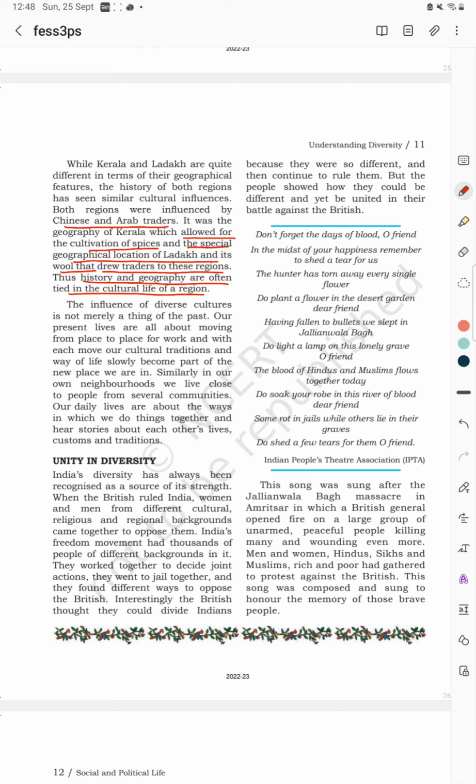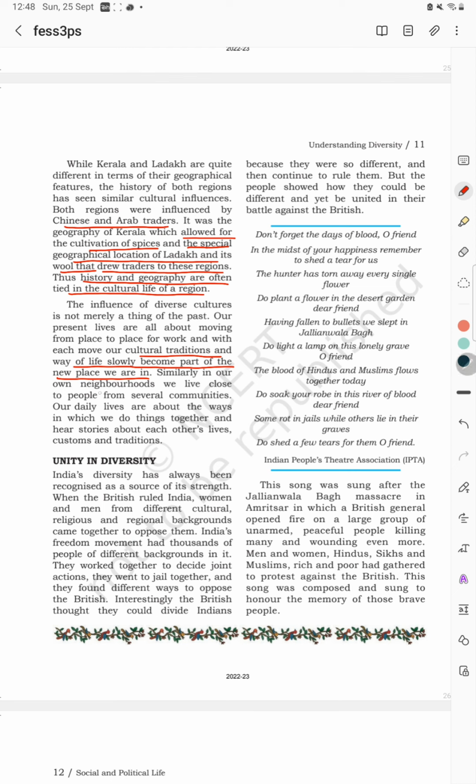With each move, our cultural traditions and way of life slowly become a part of the new place. When we move, we bring along with us the culture of our native places, and we try to adapt to the culture of the new places where we migrate. So this is a process which is continuously happening.